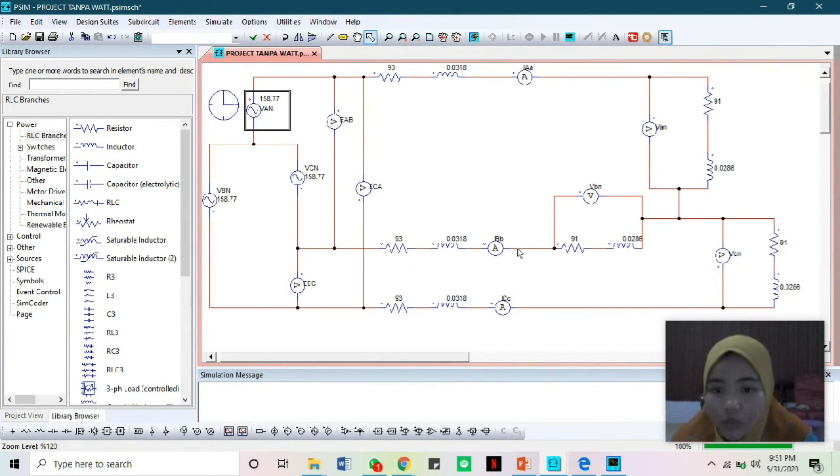This one is 91, this one is also 91, this one 91, and the inductance is also the same.